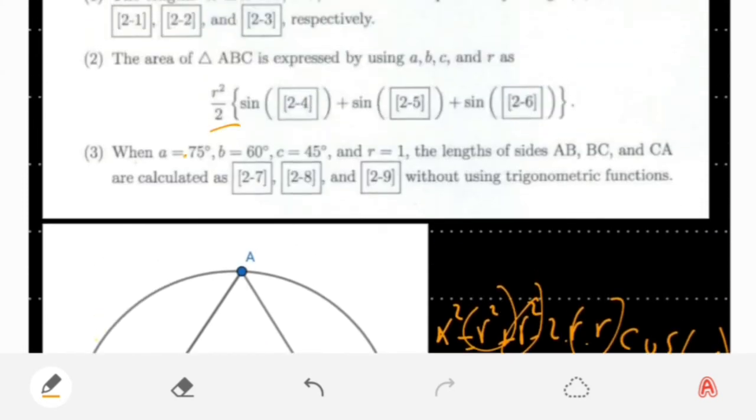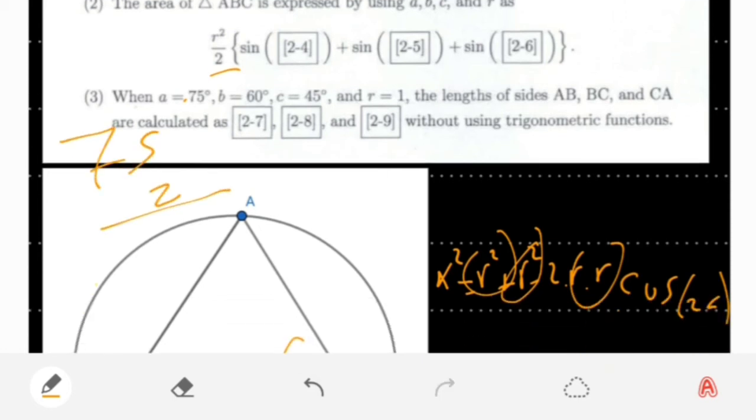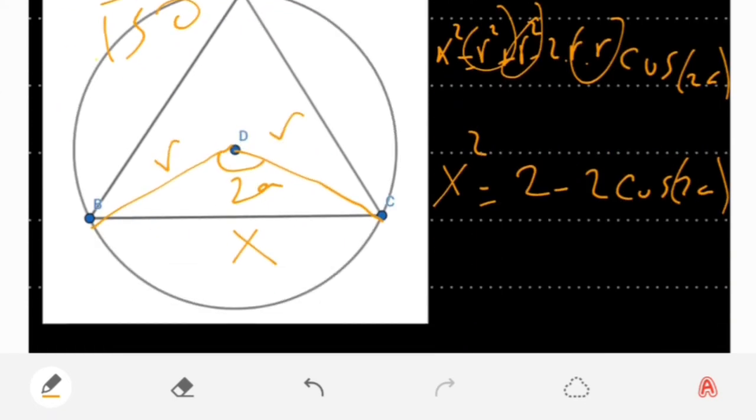A is 75 degrees, so 2 multiplied by 75 is, let's do it over here just so that I don't make any silly mistakes. 2 multiplied by 5 is 10. 2 multiplied by 75 is 150. Okay, so 150 degrees. Cool. x squared is equal to 2 minus 2 cosine of 150 degrees, okay?